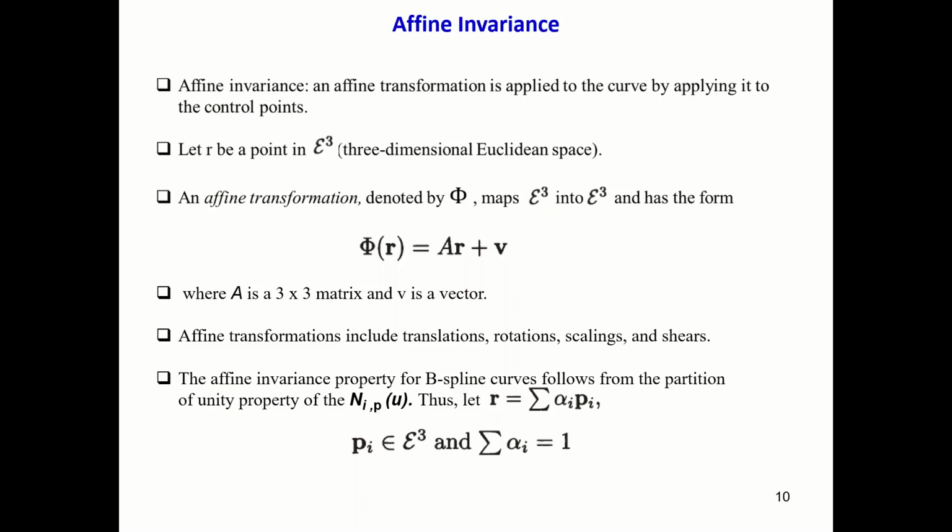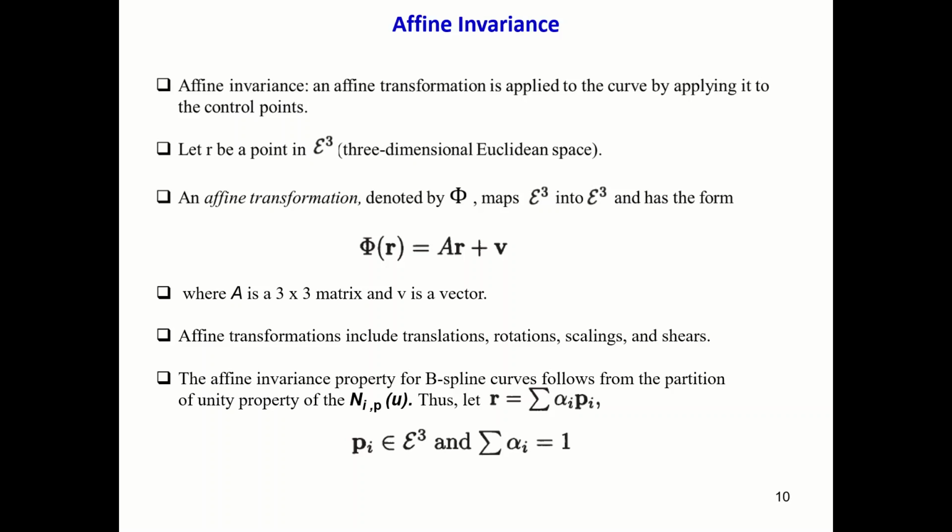An affine transformation is denoted by phi, which maps E^3 into Euclidean space and has the form phi of R equals AR plus V, where A is a 3 by 3 matrix and V is a vector. Affine transformations include translations, rotations, scalings and shears.